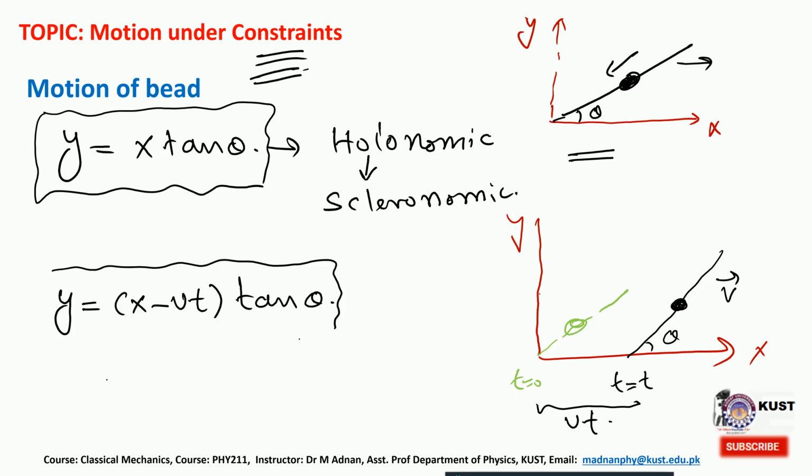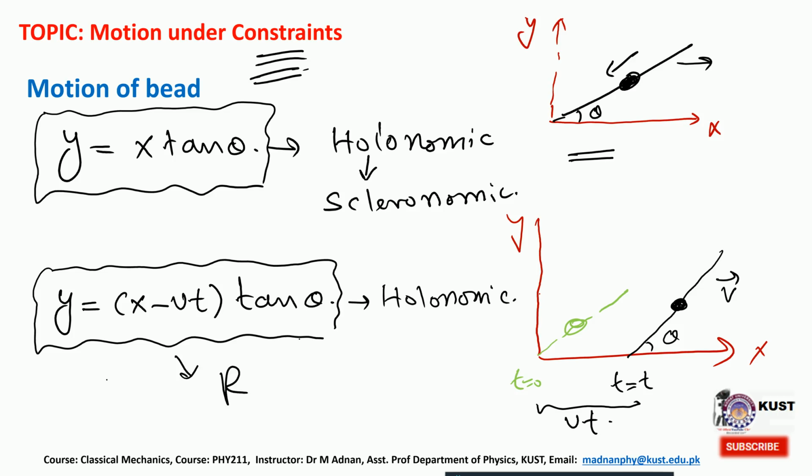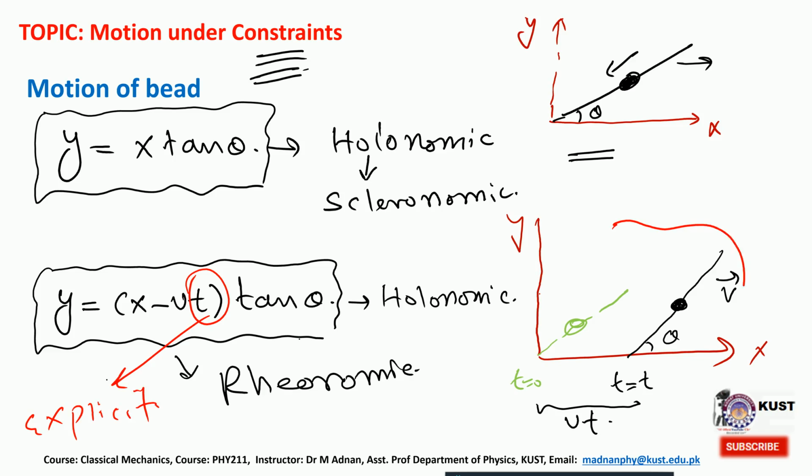So the same holonomic constraint is now rheonomic, since we have that time factor now. This time factor is there explicitly here, so we can classify this kind of constraint as the rheonomic constraints.